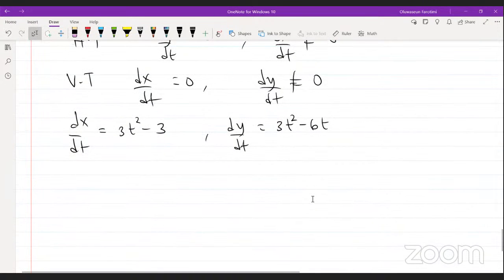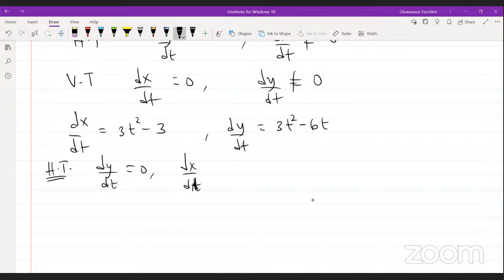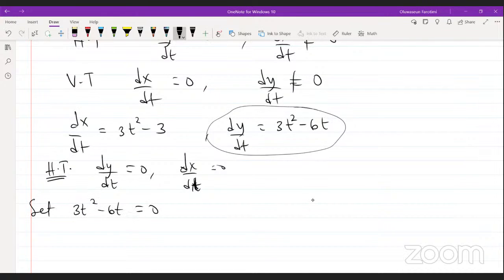Either way, I need this. So let's deal with the horizontal tangent first. It says that this has to be 0, and this has to be non-zero. So that means I have to set this to be 0. 3t is common, so I have 3t times (t minus 2) equals 0.